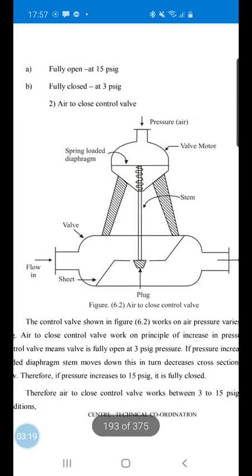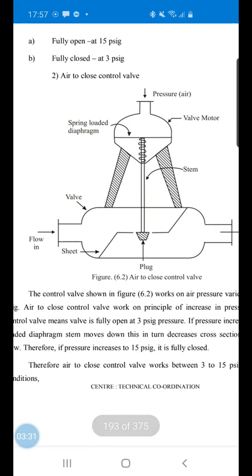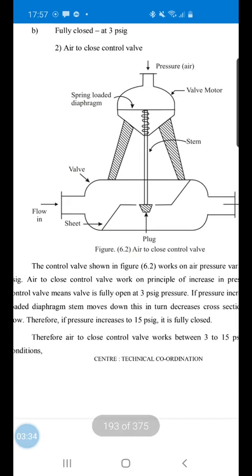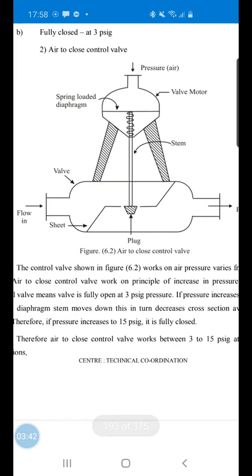So as pressure increases, less cross section is available for the flow. As you go on increasing the pressure, a very small cross section is available for the flow. It means that if the pressure increases, the flow through the control valve decreases. This type of valve is called an air to close control valve.